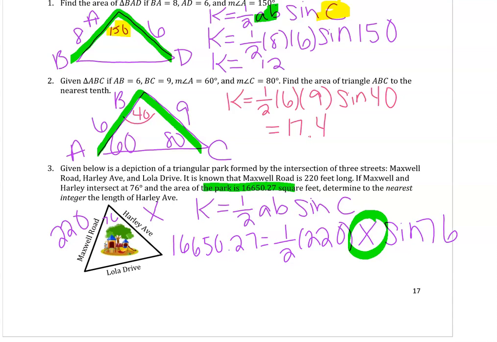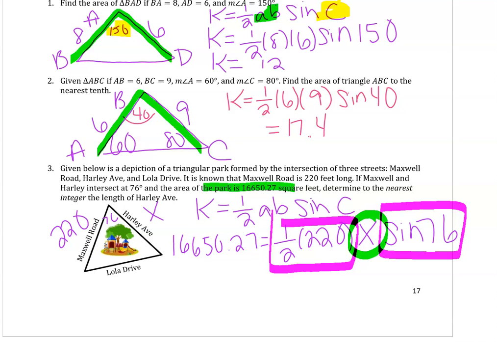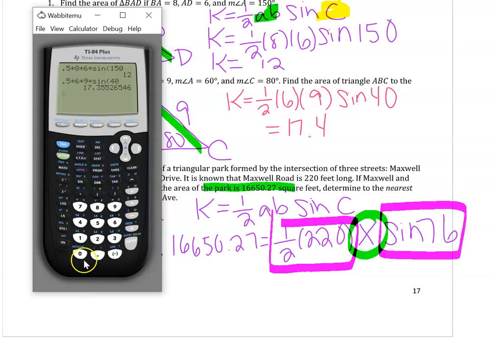So what I'm actually going to do is clean up that right-hand side. I'm going to type in my calculator 1/2 of 220 times the sine of 76. And I get this 106.73 number.